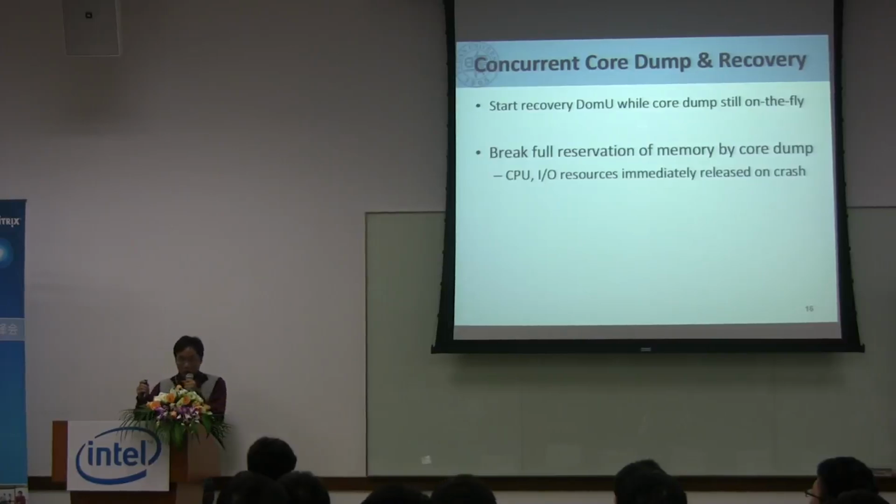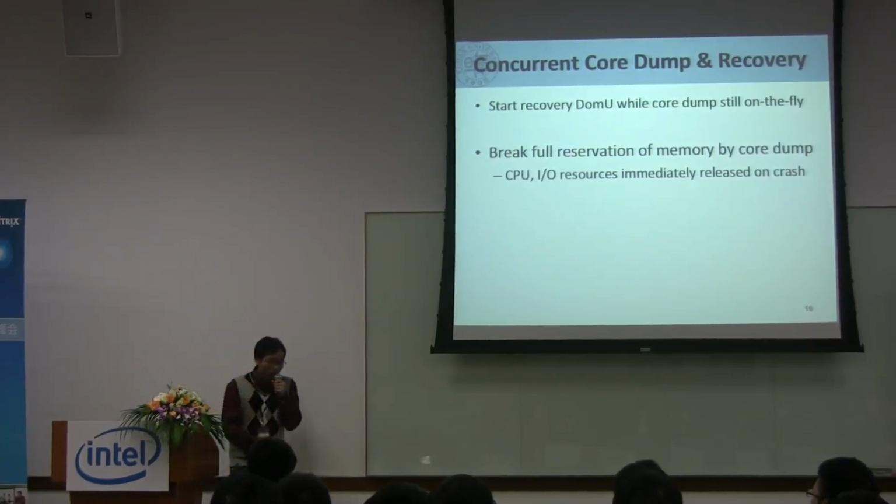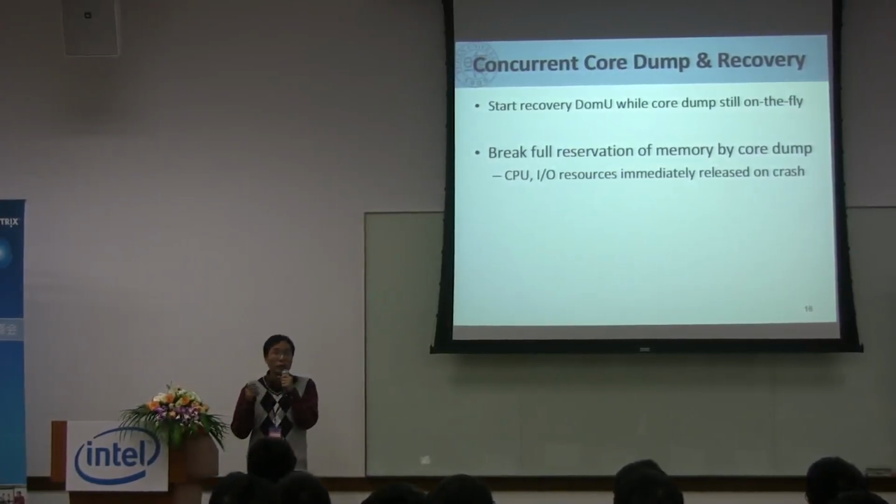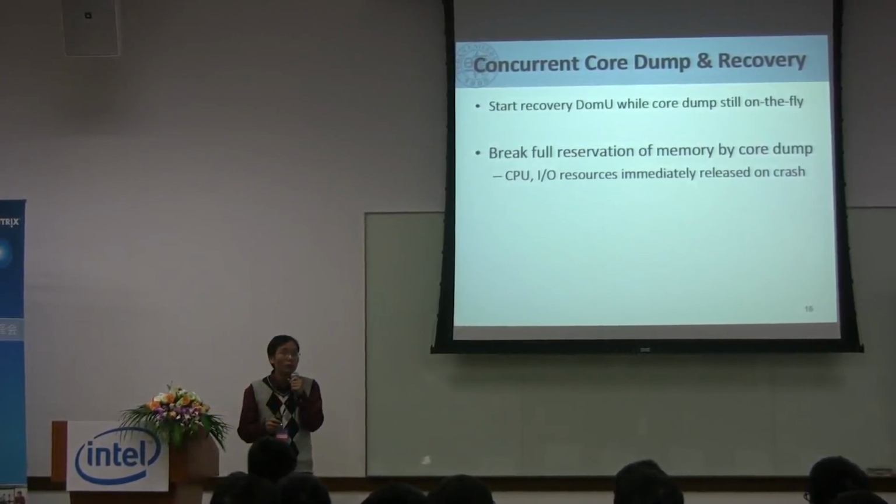So we first start the recovery domain while the crash dump is still on the fly. In the normal way of crash dumping a virtual machine, the memory of the virtual machine is reserved by the crashed VM.